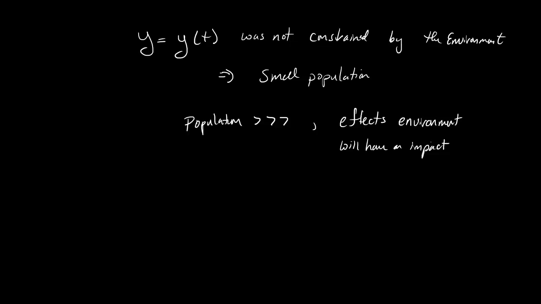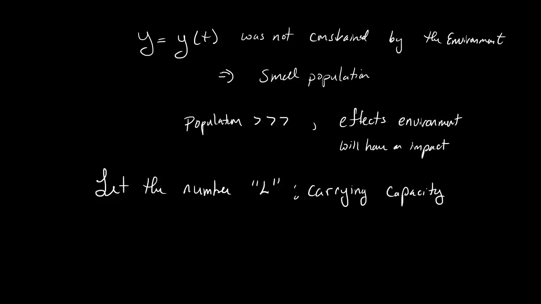So first, let's define some very important terms. Populations grow within their normal ecological ecosystems. They grow within their systems, and they can only support a certain number of individuals, whether we call these individuals cells or people or foxes or some bacterial population. We're going to let the number L be known as the carrying capacity.